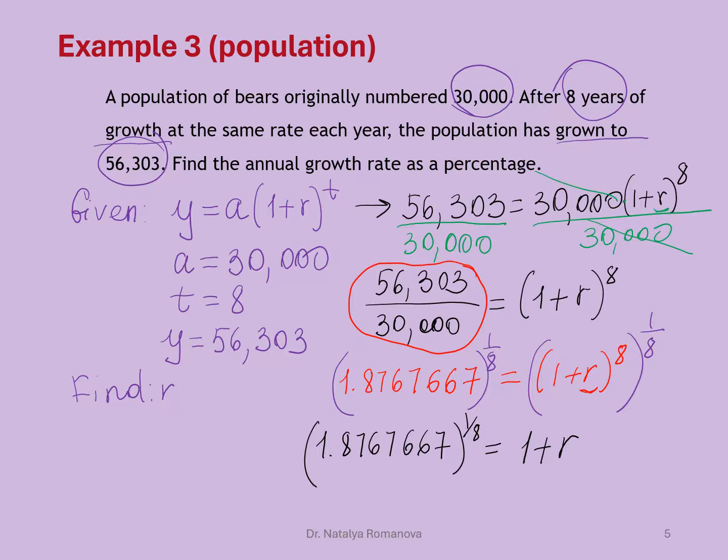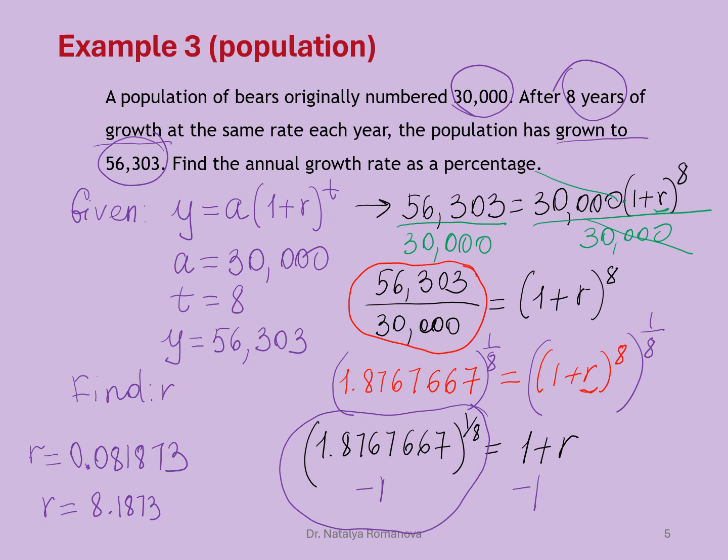Next step, we subtract 1 from both sides of our equation. Using a calculator, we can find the value of the left side, so r equals 0.081873. We convert the decimal to a percentage, and we have rate r equals 8.1873%. So it is the answer.